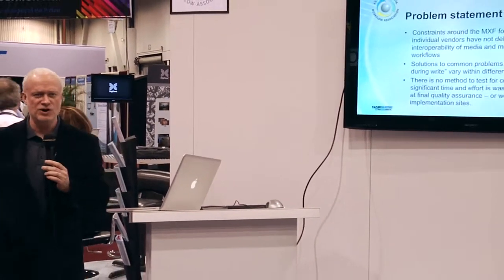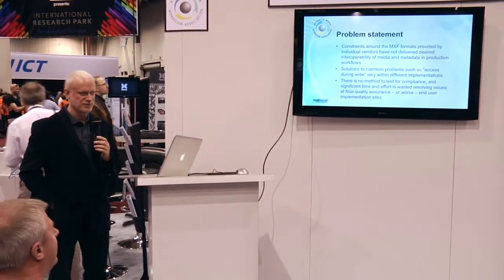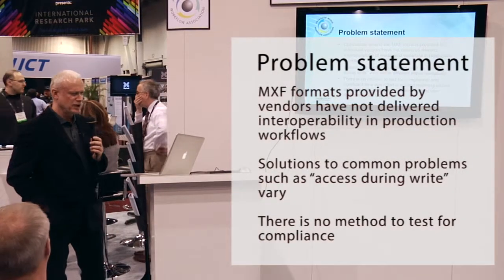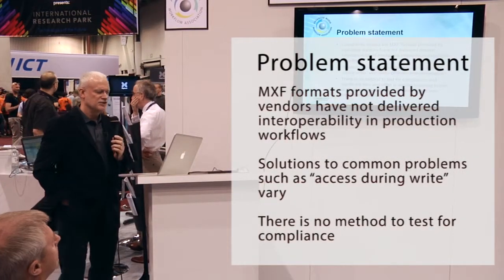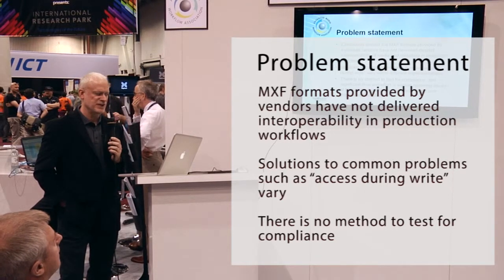So when we start off, we look at AS10, and before we started just creating specifications, because we like to create specifications, we wanted to come up with the problem statement. And the problem statement really is, and I'm not going to read these, I'll let you read those, that there's lots of ambiguity in the MXF specification.